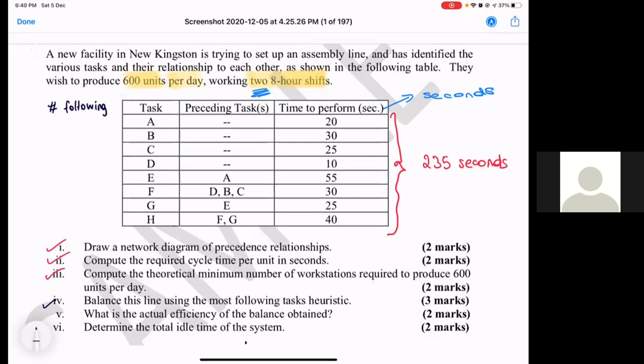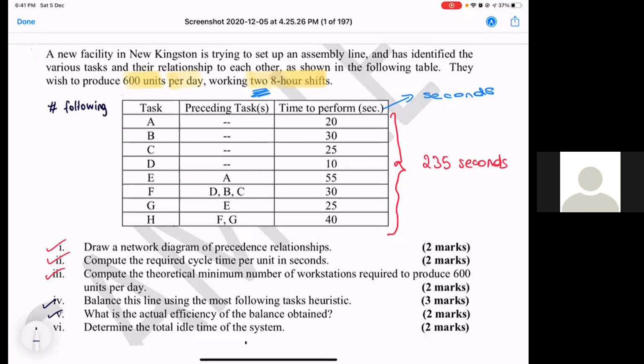Let's move on. So now we're going to determine the total idle time. As I was saying, we can do this 2 ways, but what I would encourage you to do is to use a formula. The formula is pretty simple, people.